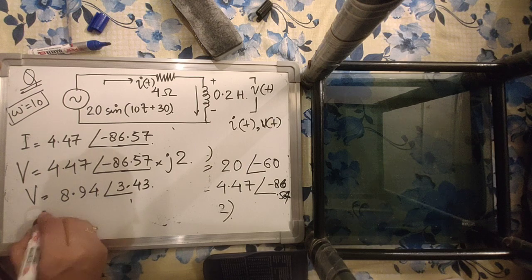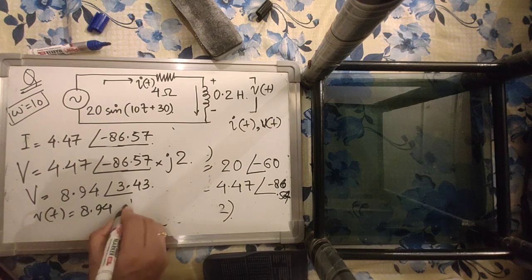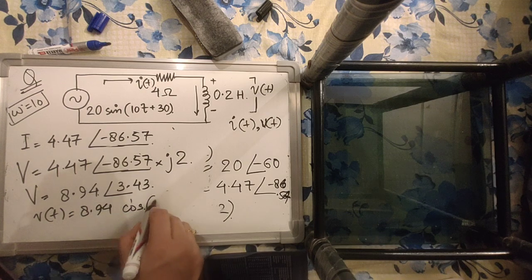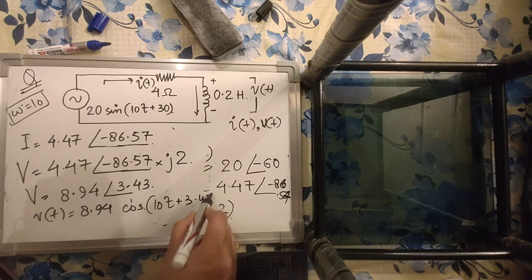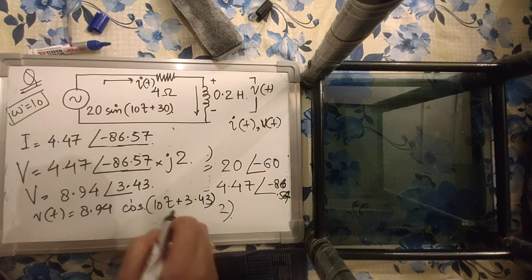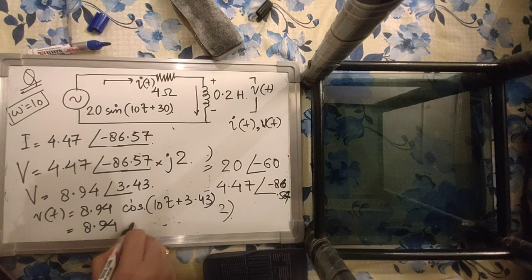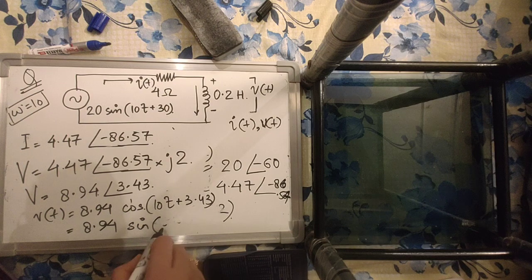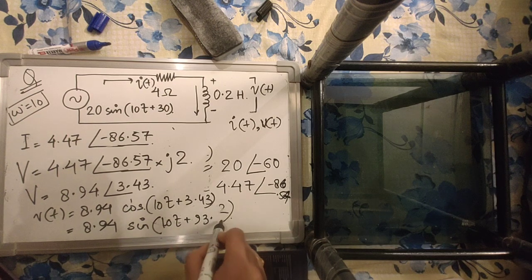If I want to write it in the time domain, I can say 8.94 cos of omega t, that is 10t plus 3.43, or I can say in terms of the sine wave, it is 8.94 sine of theta plus 90, that is 10t plus 93.43.